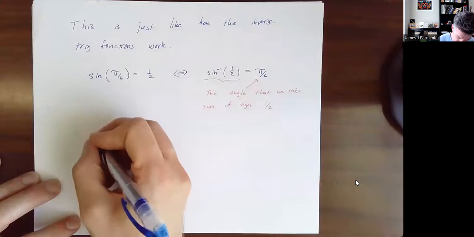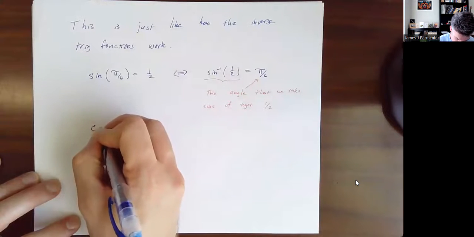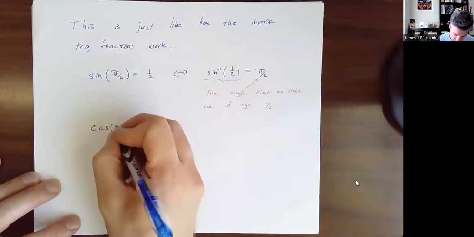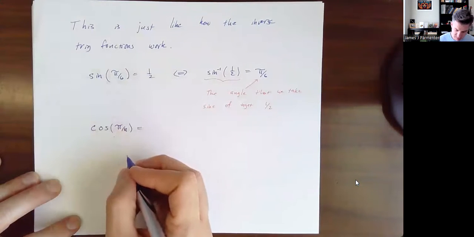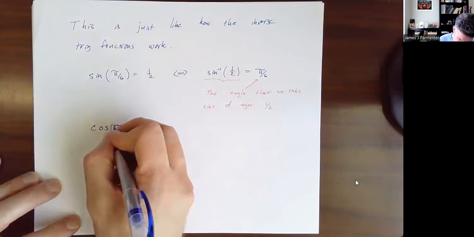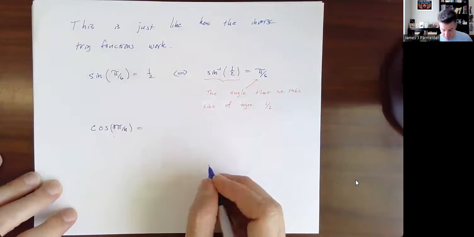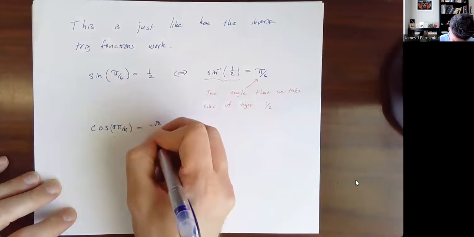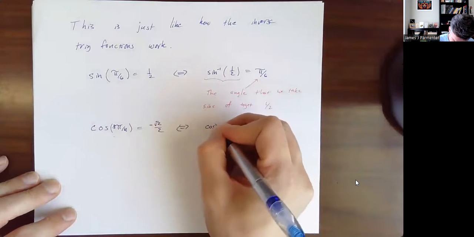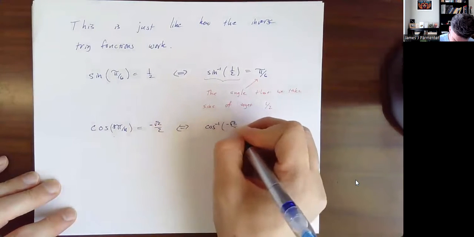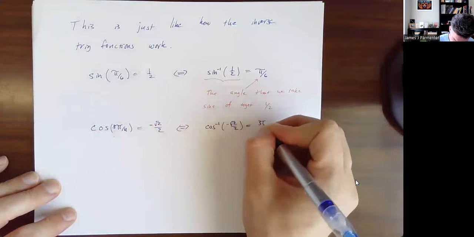In a similar way, cosine of 3 pi over 4 equals -√2/2 is equivalent to inverse cosine of -√2/2 equal to 3 pi over 4.